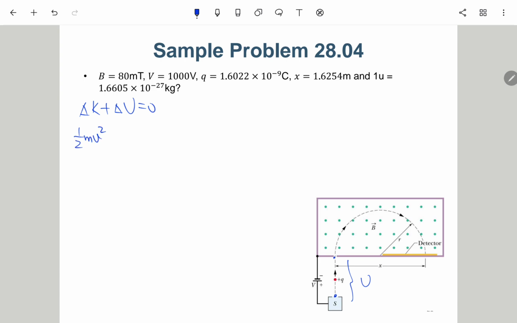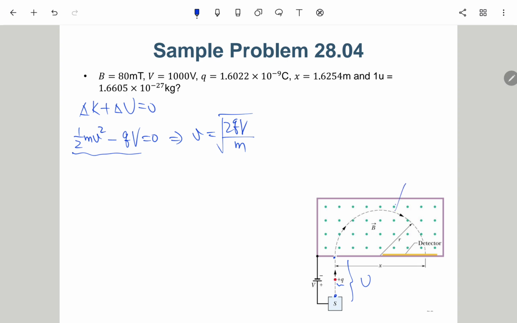Okay, starting from rest it is 0, and becomes half of mv squared. And then the change of delta U will be minus qV. Okay, this is plus q, so minus qV, okay, will be 0. So we have v equals square root of 2qV over m. Okay, so we can just solve v in terms of other variables.